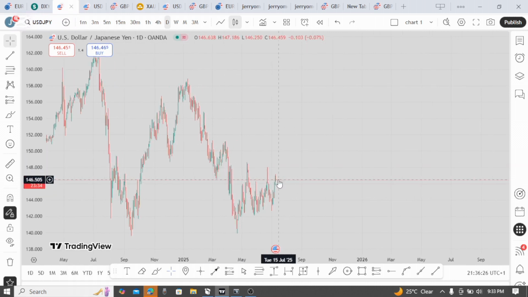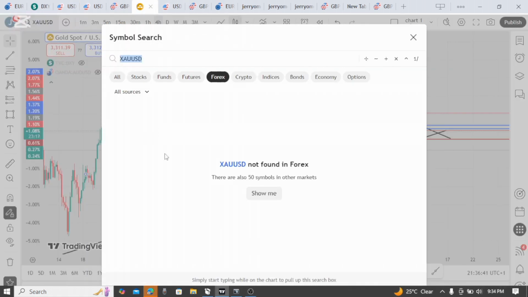As we said earlier, I told you what the advanced market structure is. I told you that the trend is always your friend. The first thing you need to know, whatever instrument you are trading, is that the trend is always your friend, as the saying goes.